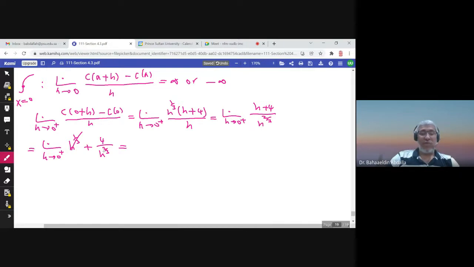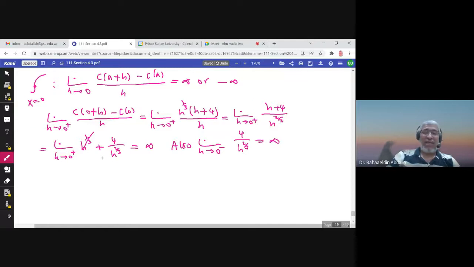Because this is 2, when I choose a small number to the right of 0, 0.1 for example, this would be positive, so the limit is infinity. Also, the limit as h approaches 0 from the left of 4 over h to the power 2 over 3 would be infinity because I have 2 here. So even if I choose a negative number, negative 0.1, this would be positive. So the limit is infinity.